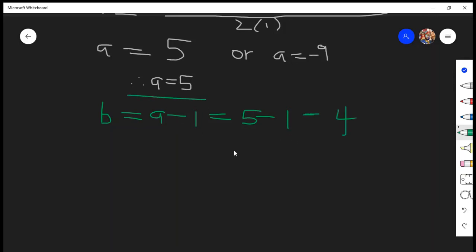So we've got our coordinate of P. Our coordinate of P is then 5 and 4.